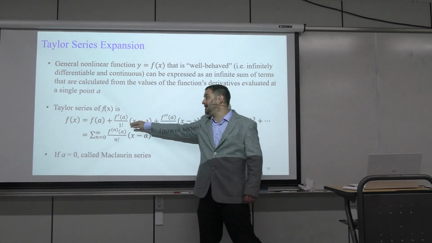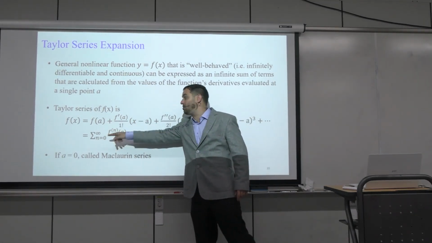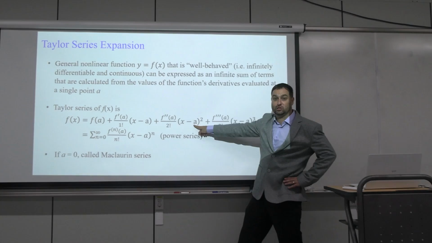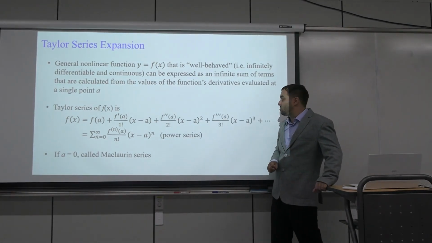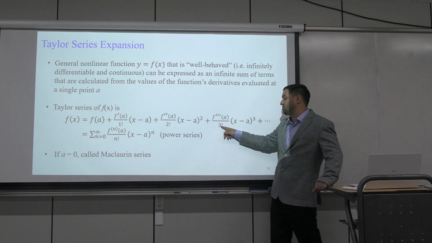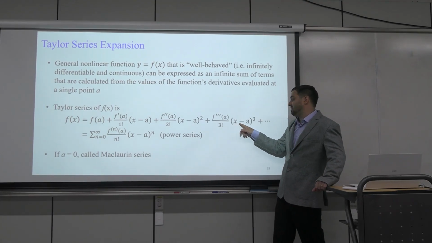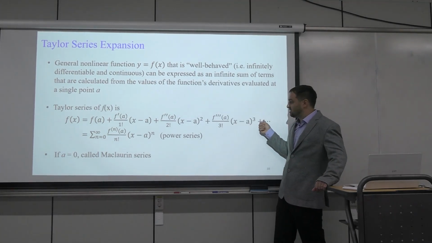So this is a constant term, linear term, quadratic term. Now we have the third derivative evaluated at a over 3 factorial, then there's a cubic term. And this goes on and on.